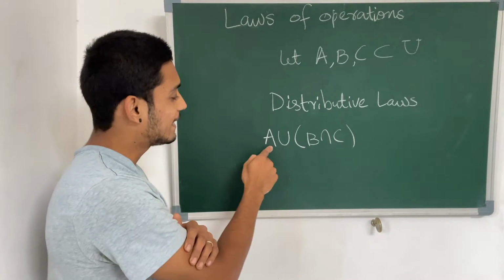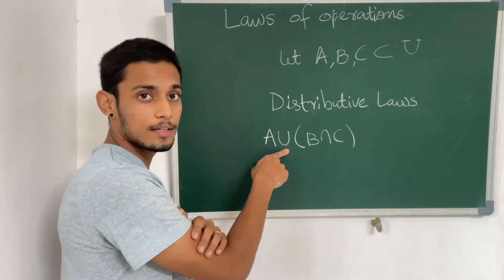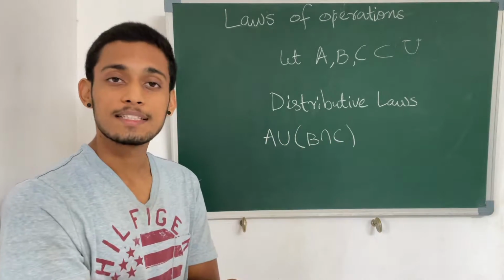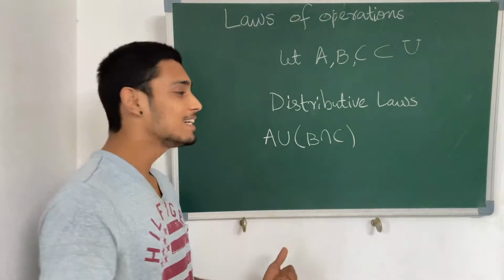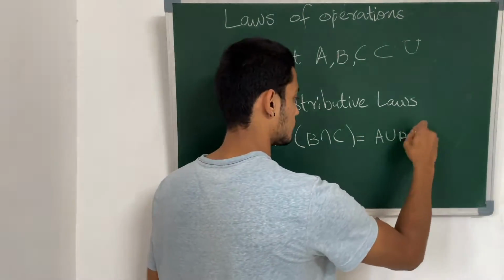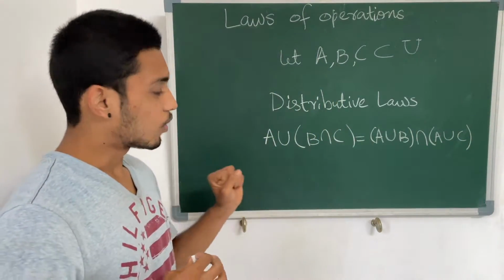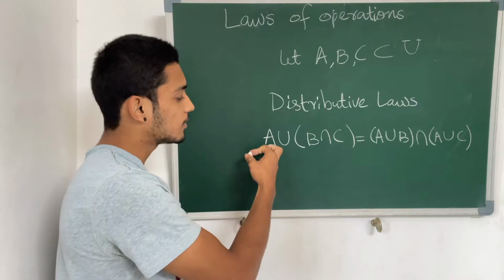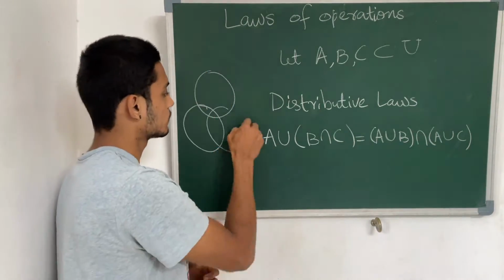We are taking the set A and we are going to perform the operation union with the common elements of B and C. So B intersection C is the common elements between B and C. So the result we get is this. So what it basically means is, these are the three sets.